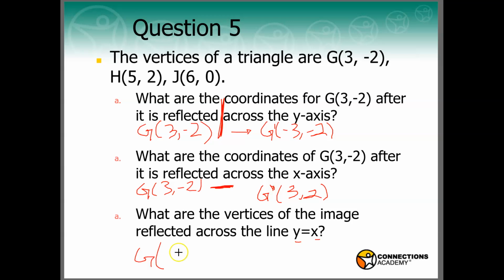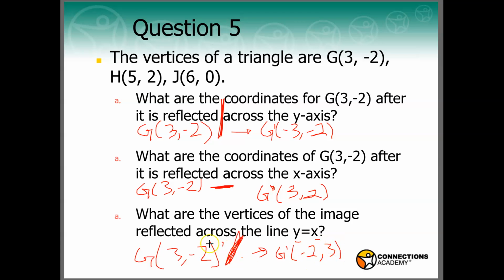But when our G is 3 and negative 2, and we are going across a diagonal line, it's going to put it either going up to the left or down to the right. And so our G prime, in this case, would be negative 2 and 3.